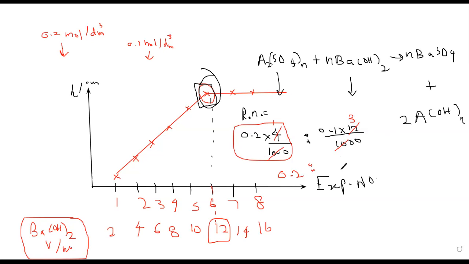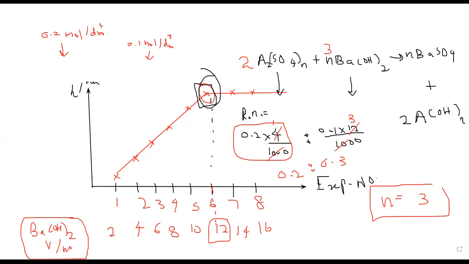0.2 here is to 0.1 times 3, which is 0.3. So 2 is to 3. That means 2 comes here, 3 should be here. That means n equals 3.